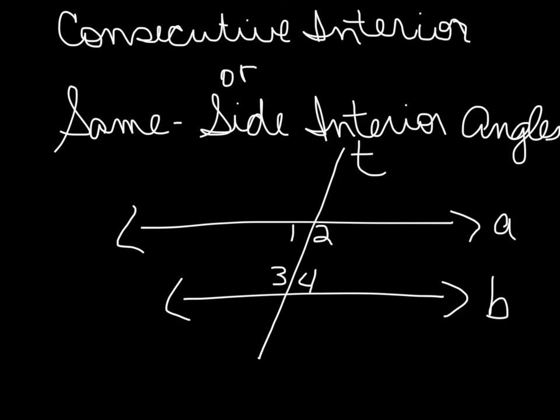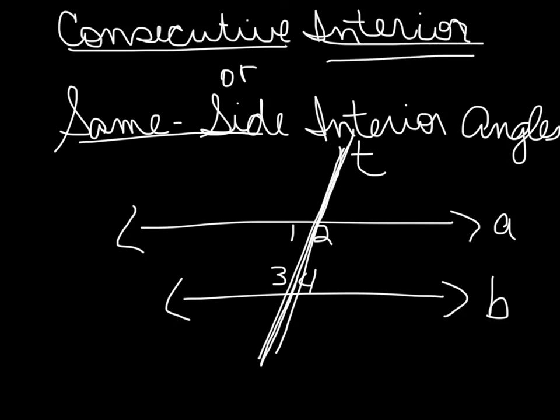The last set of angles that we are going to look at are consecutive interior angles, also called same side interior angles. They are the same thing. Consecutive and same side mean exactly that: they're going to be on the same side of the transversal, and they are interior, on the inside of the two lines.